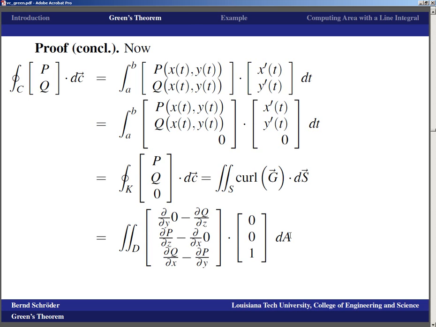So that's just (0, 0, 1) dA, whatever the area element is for your domain. And that means we really only have to worry about the third component, and the third component is dQ/dx minus dP/dy. And so that then gives us the integral over the region of dQ/dx minus dP/dy dA, as it should be in Green's theorem. And that finishes the proof of that result.